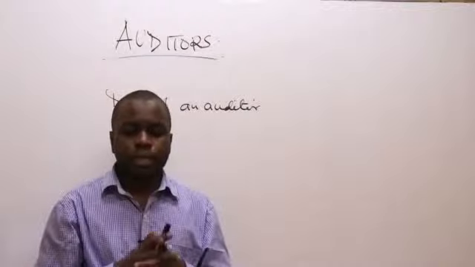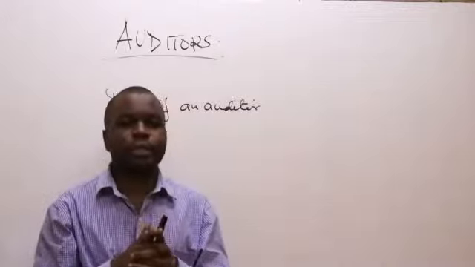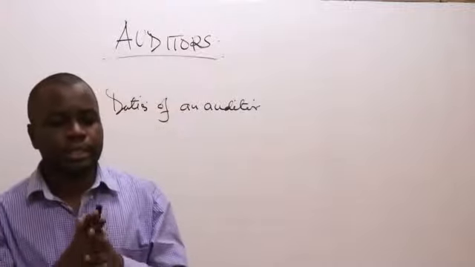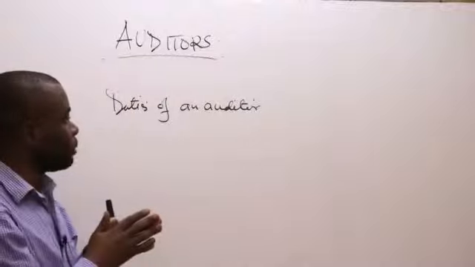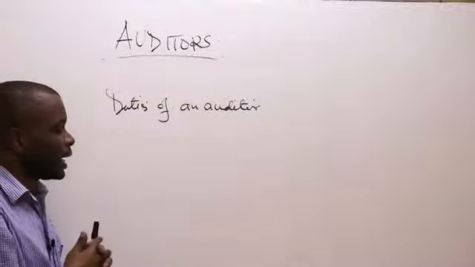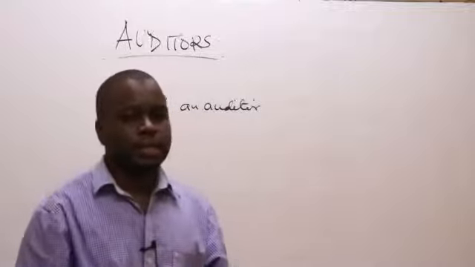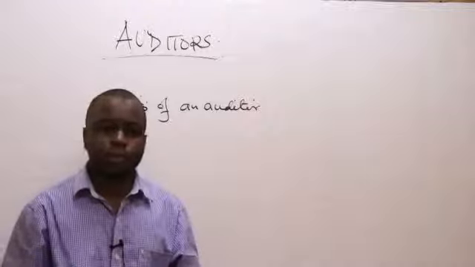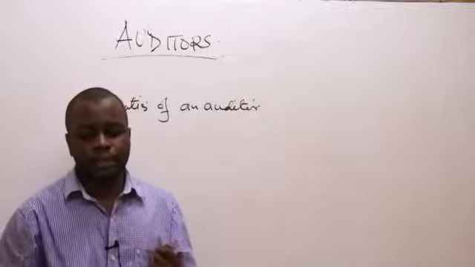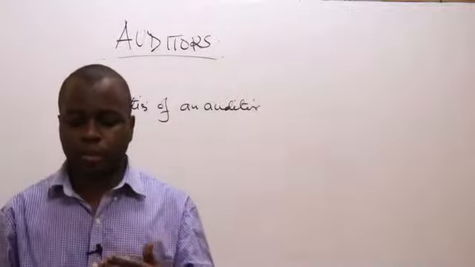So when you ensure that he's carrying out his work with reasonable care and skill, it summarizes many of the attributes that he must ensure he has as an auditor of the company. We talked about, for example, honesty, integrity, professionalism, independence. All of those should be met by the auditor while he's carrying out his work as an auditor of the company.